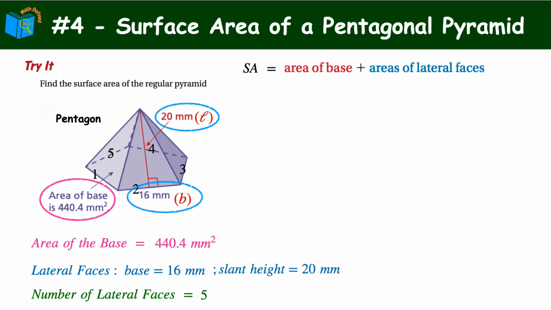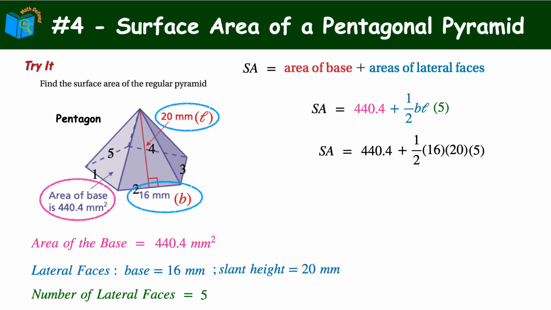Okay, we're ready to plug in the information to find the surface area. Starting with the given area of the base, 440.4. And then to find the area of the lateral faces, we'll need to use the formula 1/2 base times the slant height times 5, the number of lateral faces in the pyramid. Now we just follow order of operations to solve.